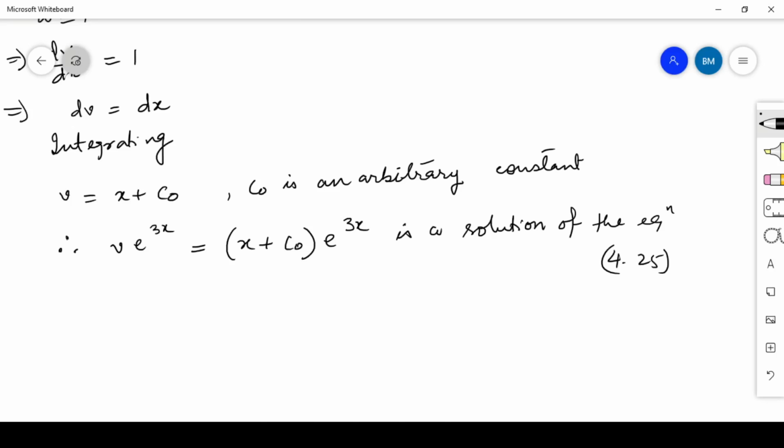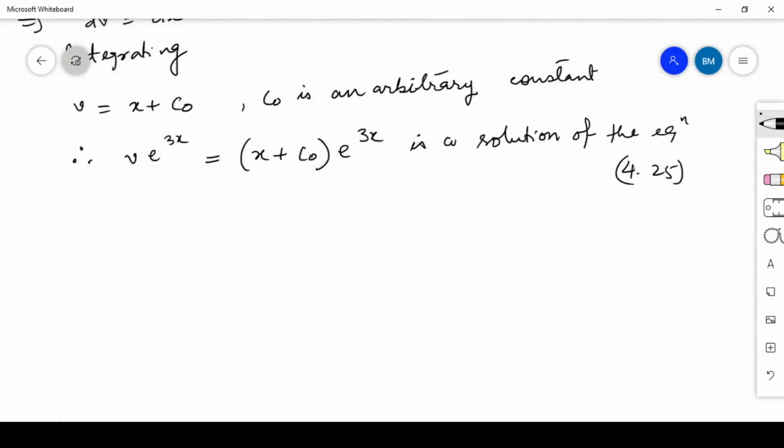Also we know from previous knowledge that this new solution and the earlier solution e to the power 3x are linearly independent. We choose these two linearly independent solutions so that they will not contain any arbitrary constants. So we will choose c naught equal to 0, because we want this to be independent of any arbitrary constant.